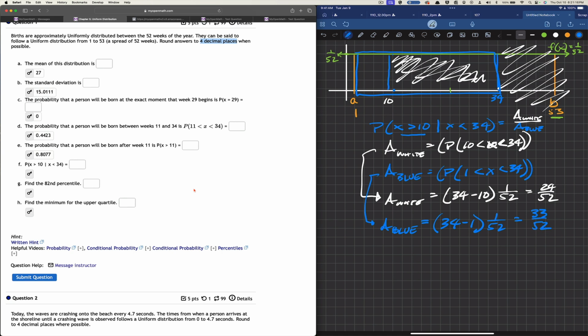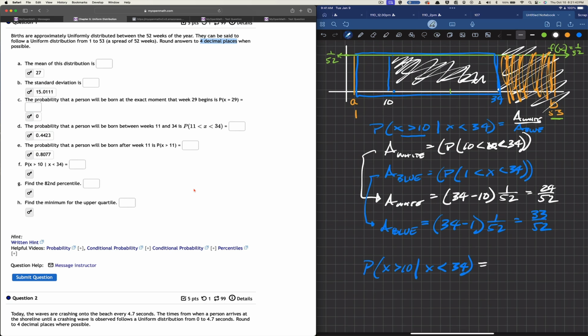And so when I calculate the probability of x greater than 10, given that x must be less than 34, which again means that we already know that this part is gone. It's not considered. It's not part of our answer. We're trying to understand what is the fraction of the white out of the blue. And so that's going to be this number, 24 over 52, divided by this number, 33 over 52.